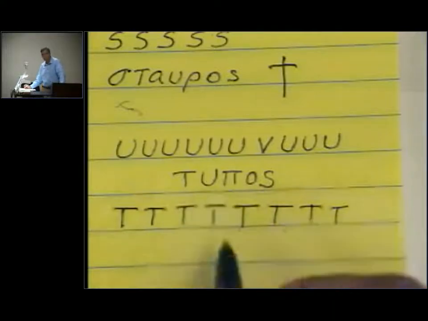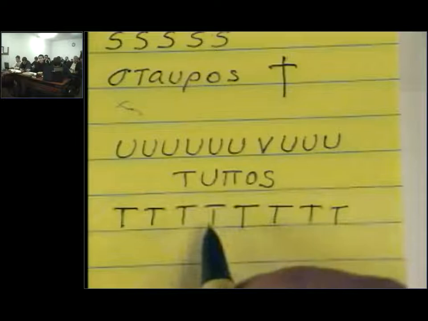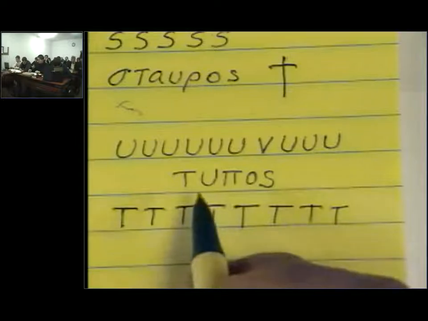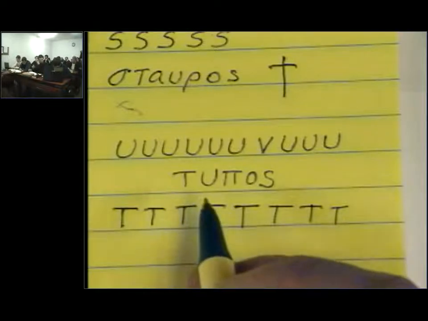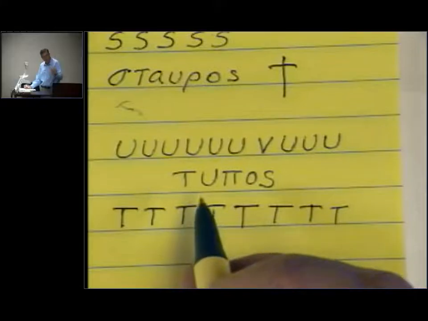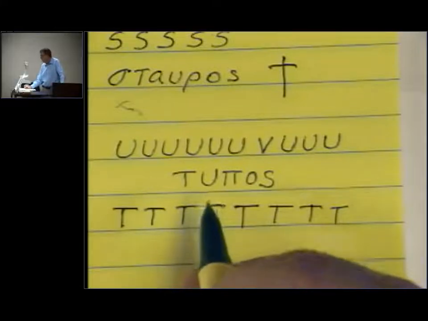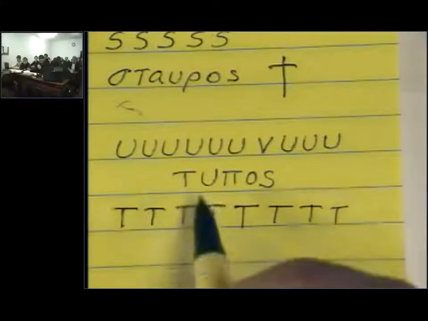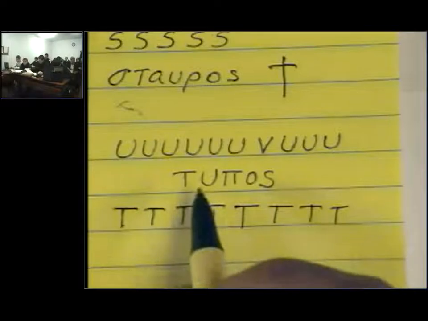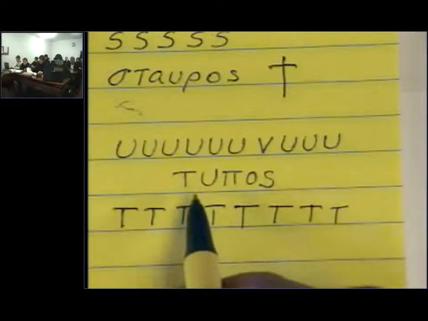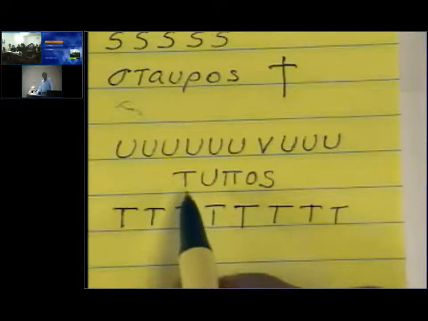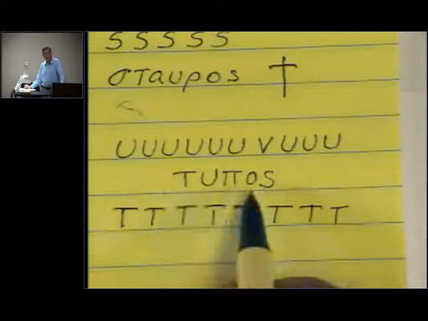It can mean a symbol or a symbolic representation of something. So repeat after me, tupos.